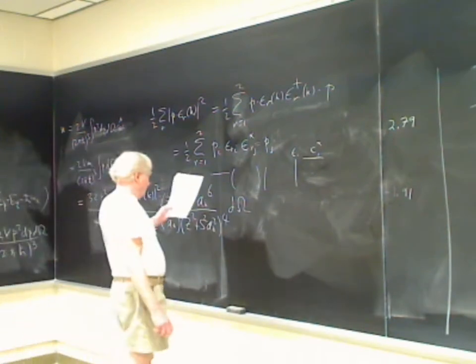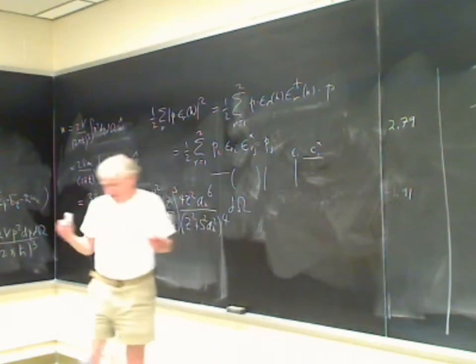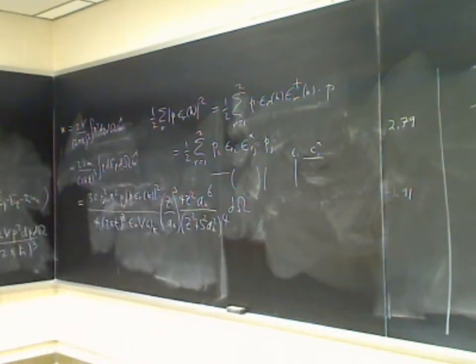And that particular matrix is the identity operator minus the projection operator on the vector k, because the polarization vectors have to be orthogonal to k.